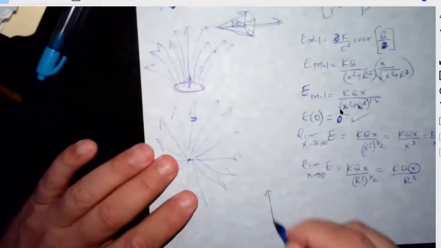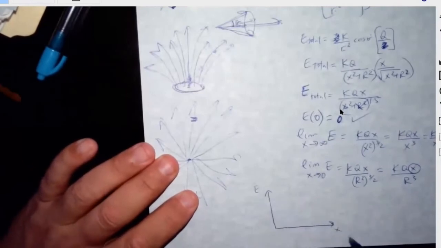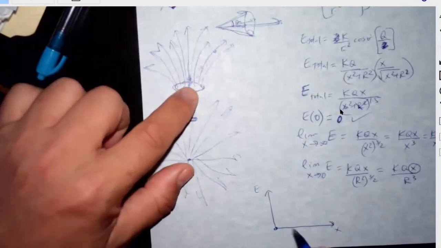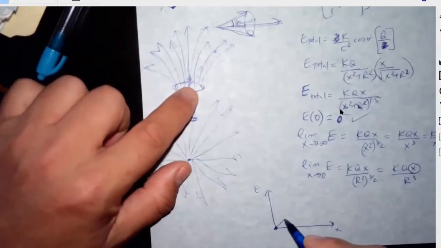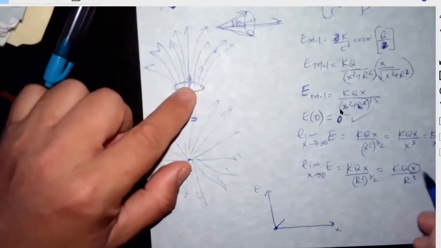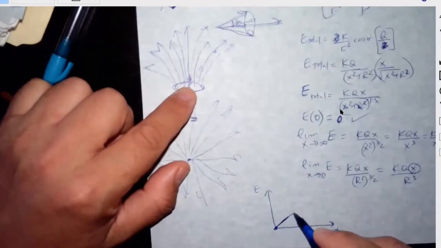That means the E field of a ring looks something like this. It starts out at the center of the ring, where the E field is 0. It linearly increases, right? When I'm close to the ring, the E field gets larger, up to some point.